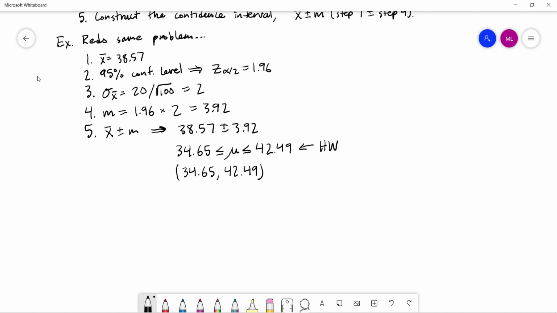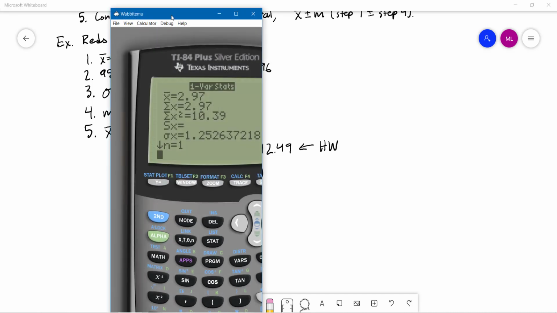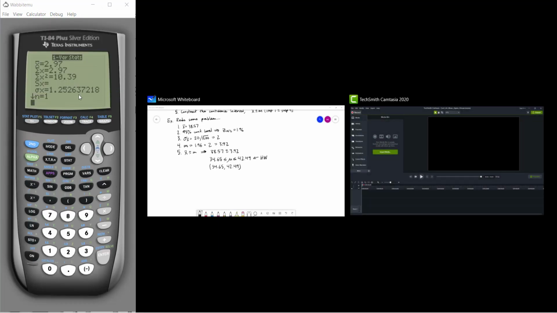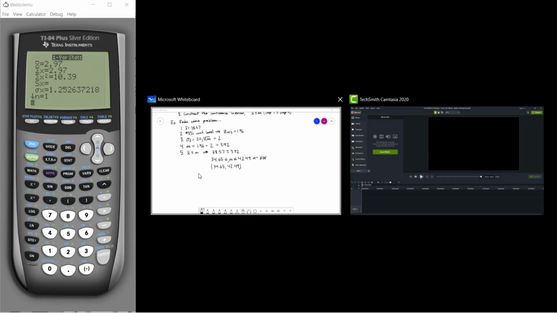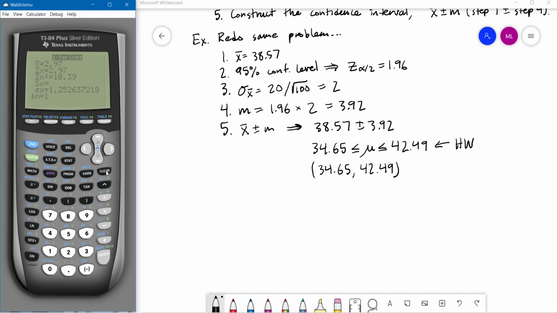While we're at it, let me show you how to do this on the calculator. So let's see here.